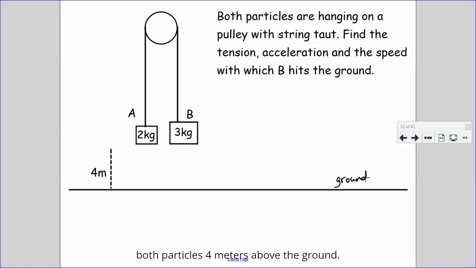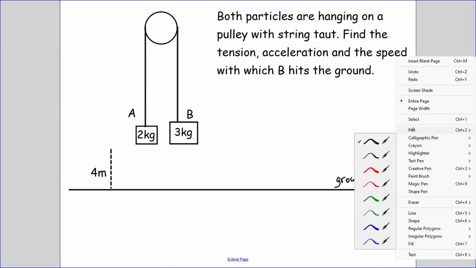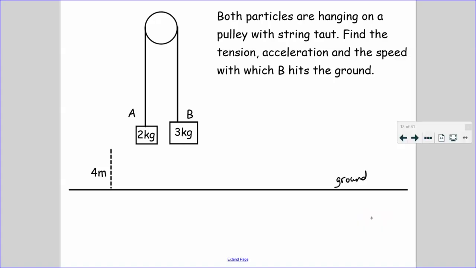Both particles 4 meters above the ground. Now, the first thing we always do is write down the forces, draw the forces, right? So going down, let's choose a different color. Going down is weight. So for Cambridge, 3 times 10, 30, and 20. Going up will be your tension.